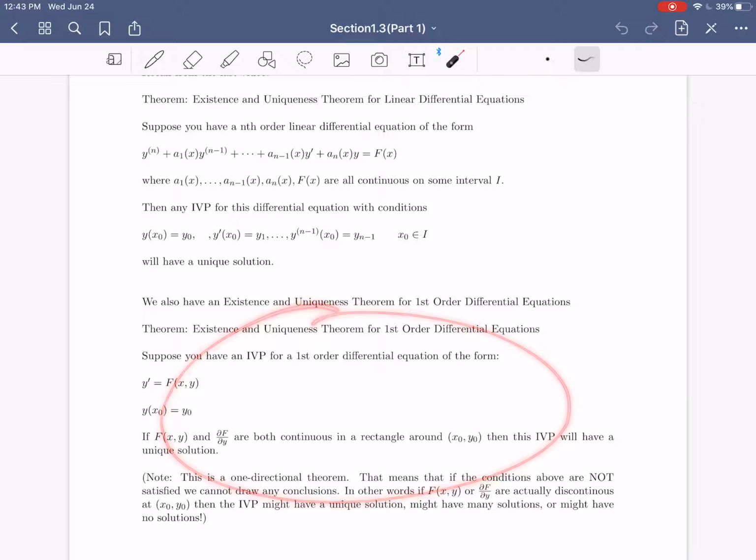And we have a theorem that applies to all differential equations, linear or nonlinear, as long as they are first order. Of course, higher order nonlinear differential equations become much more complicated, and for our class, we're not going to state anything about existence and uniqueness for them. For the remainder of Chapter 1, we're going to be focusing on first order differential equations, so you're going to see a lot of reference to this theorem.